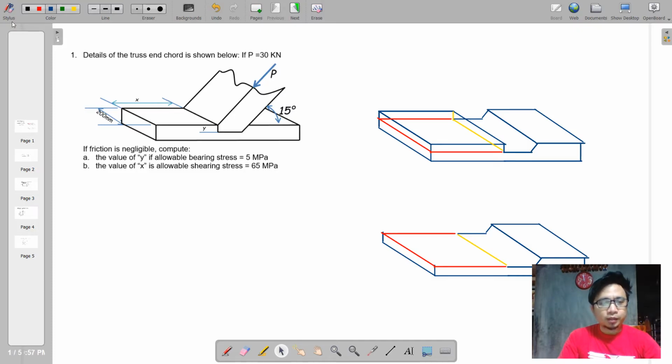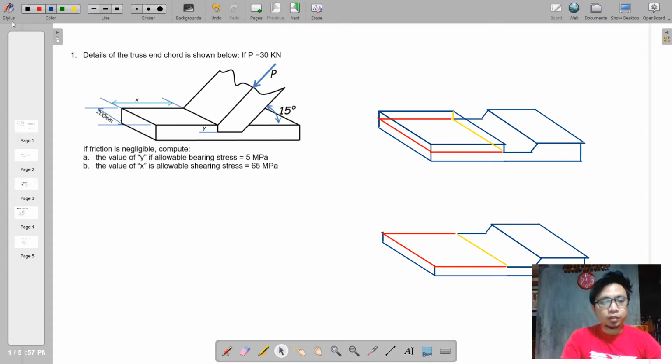So number one, we can see here the details of the truss and cord, wherein the value of P is set to be 30 kilonewton and it is inclined at 15 degrees with the horizontal.